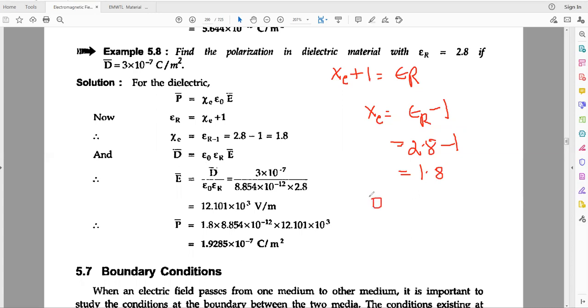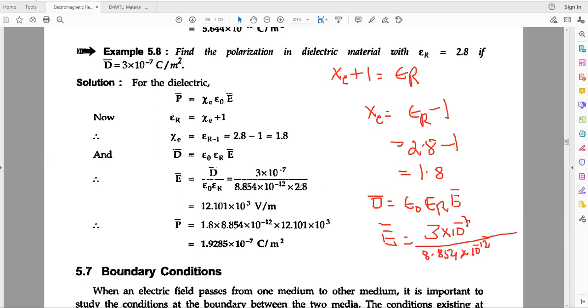And we know the electric flux and the electric field are related as epsilon naught epsilon R into E bar. And E bar is equal to D bar divided by epsilon naught epsilon R. The D bar is given as 3 into 10 power of minus 7, divided by epsilon naught, 8.854 into 10 power of minus 12, into epsilon R, 2.8.